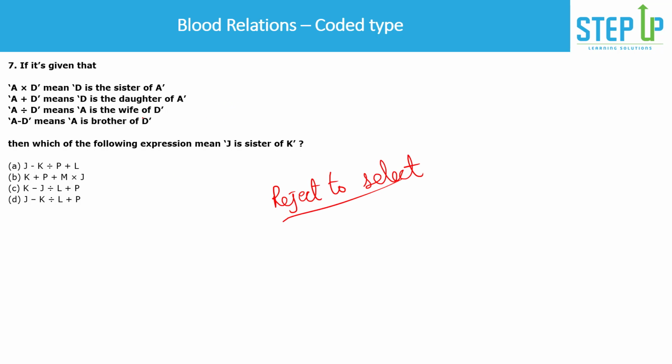Okay, so first I say that A into D means what? D is the sister of A. That means if somebody says A into D, this means D is the sister of A, correct? Also, note one thing in terms of the generations. Like I told you, let's say grandparents are here, parents are here, and the children are here, right?